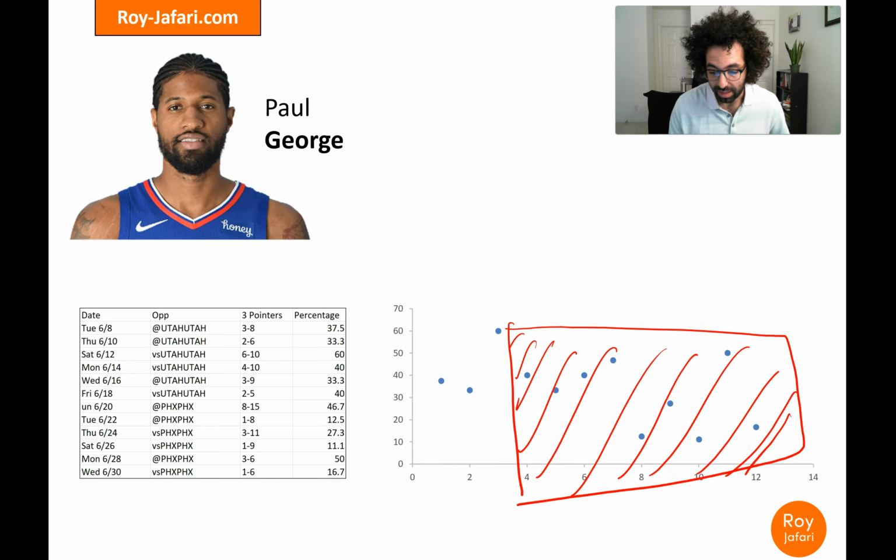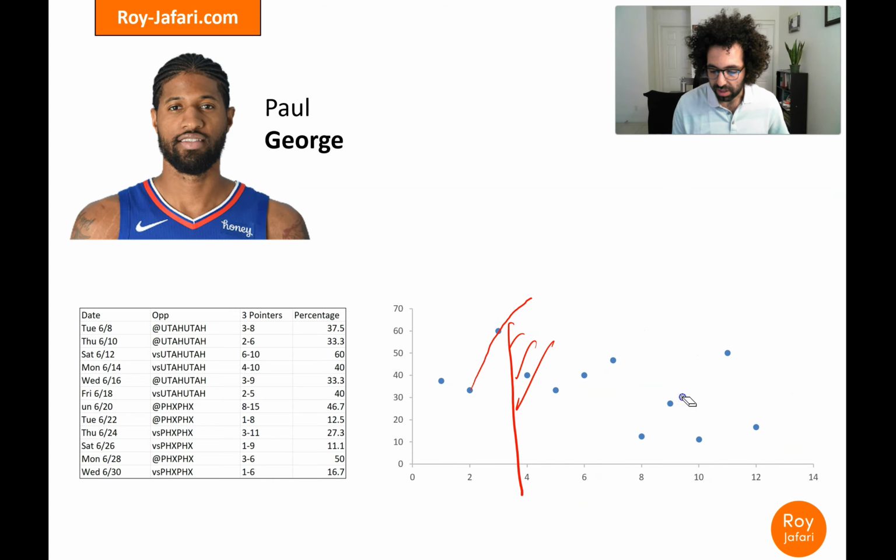You can hopefully see a line here where he's going to improve. But the reality is that Paul George is going to regress, as he did. He is going to go back to a former state.